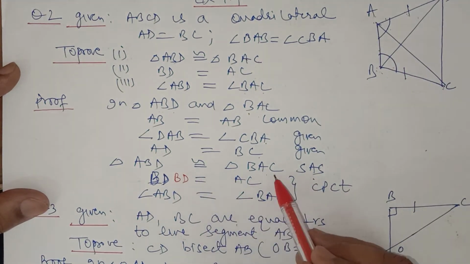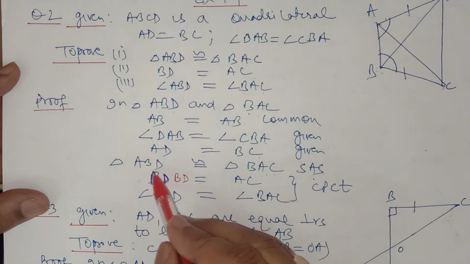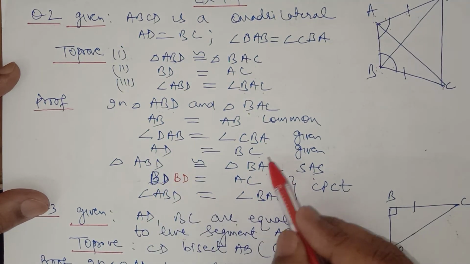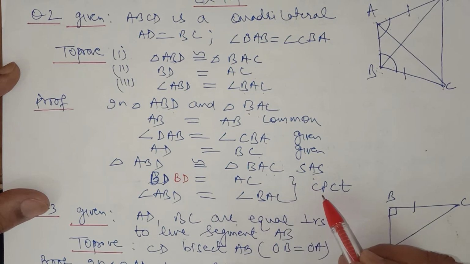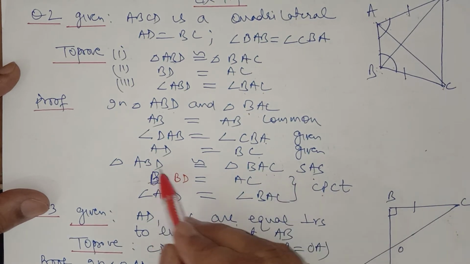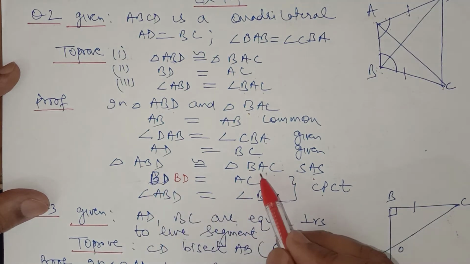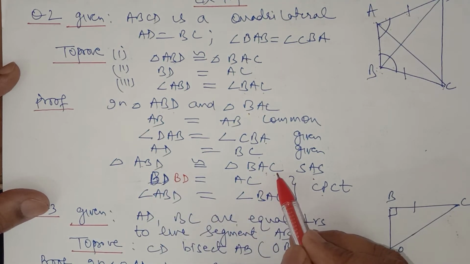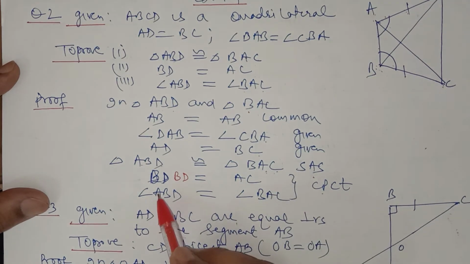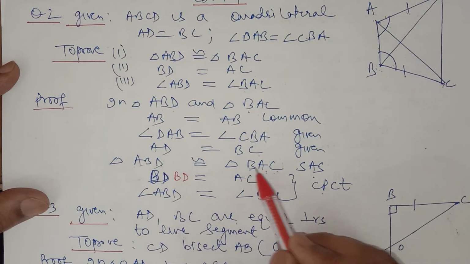Now because these triangles are congruent, you can write that BD is equal to AC, corresponding parts of congruent triangles. When these triangles are congruent, their corresponding parts will be equal. So BD will be equal to AC, and angle ABD will be equal to angle BAC.